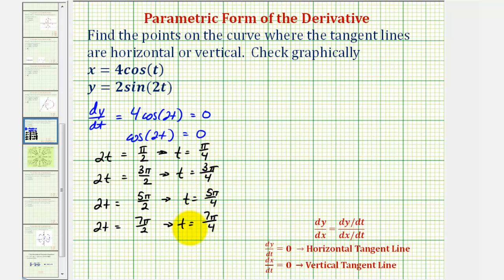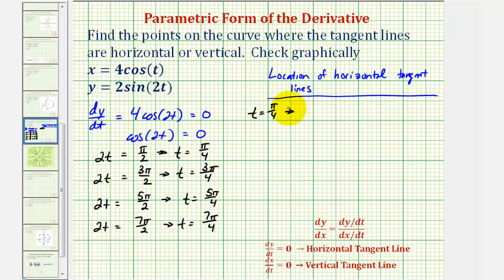So let's go ahead and find the points at these values of t using our parametric equations. Let's start with t equals pi/4, which means x is equal to 4 cosine pi/4, and y is equal to 2 sine of 2 times pi/4, which would be pi/2.